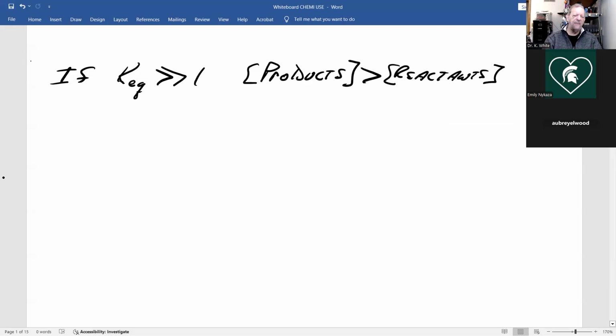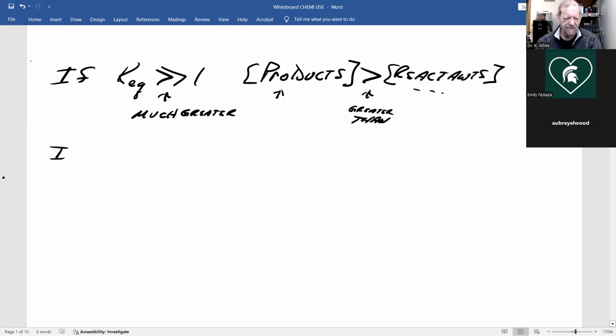If K equilibrium, and this means in math, much greater than 1, the concentration of the products will be greater than, this means greater than, the concentration of the reactants.